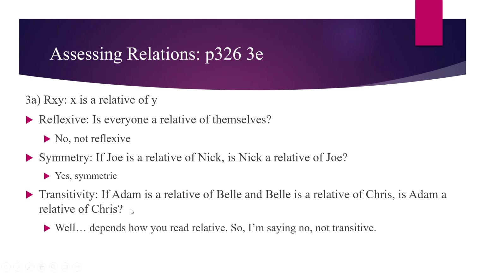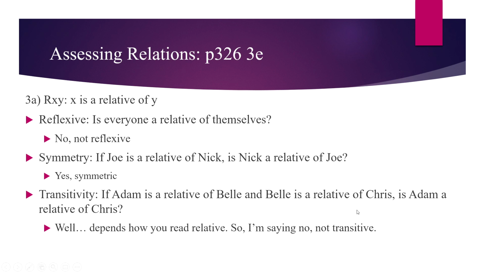And transitivity, if Adam is a relative of Belle and Belle is a relative of Chris, is Adam a relative of Chris? And here I'm going to say that depends on how you read it. Because the solution in the textbook says yes, that being a relative of someone is a transitive relation. But I'm inclined to think we can counter-example this fairly easily. If, say, Adam is Belle's half-sister, they share a father, and then Belle is also Chris's half-sister, and they only share a mother, Adam and Chris are not related.